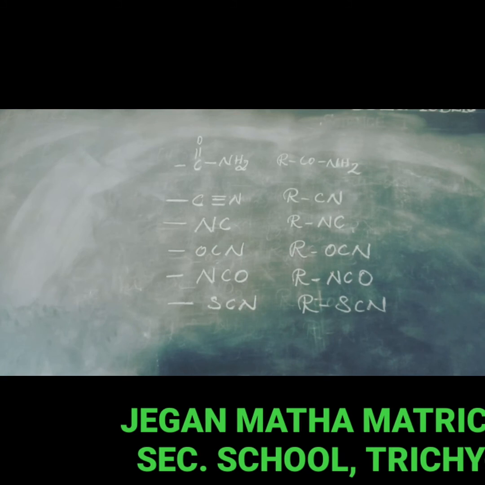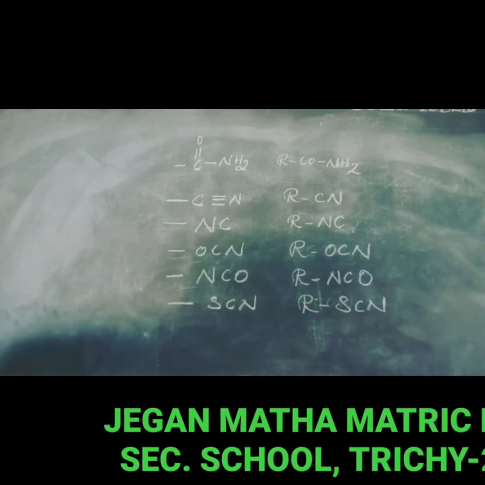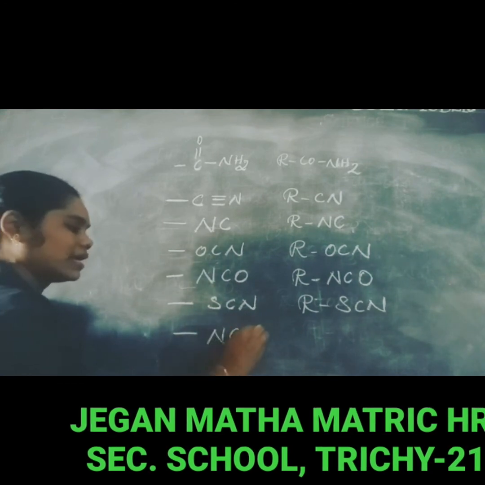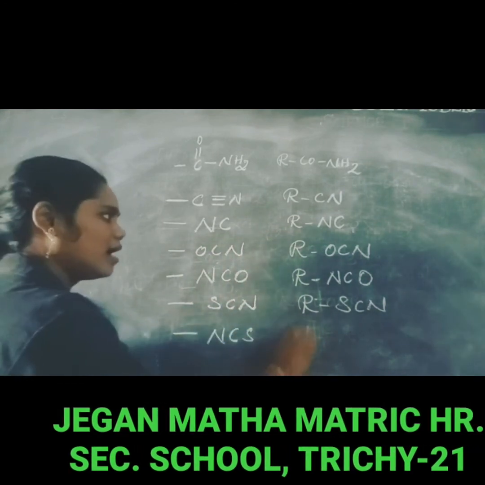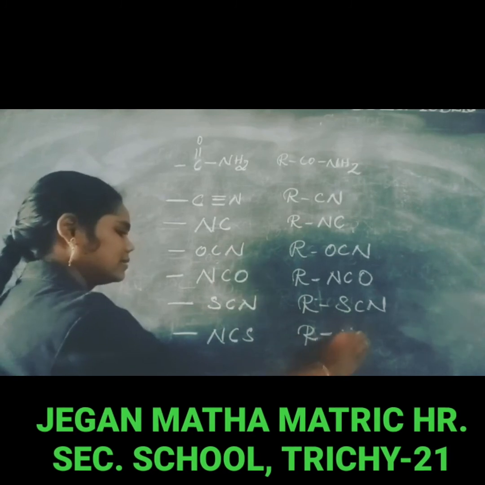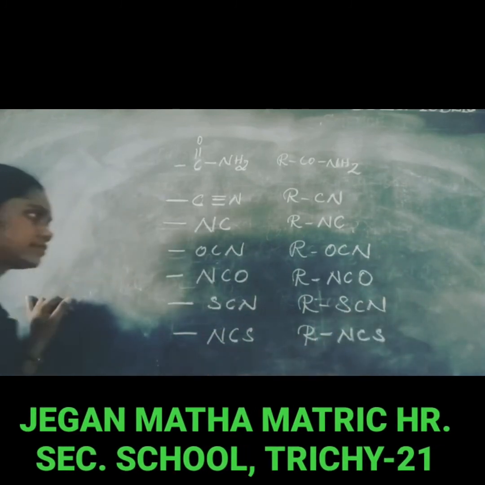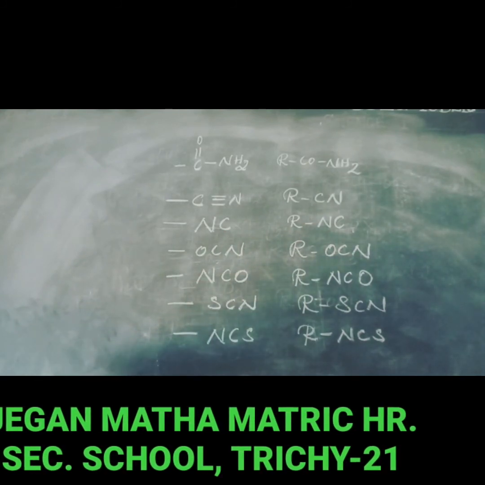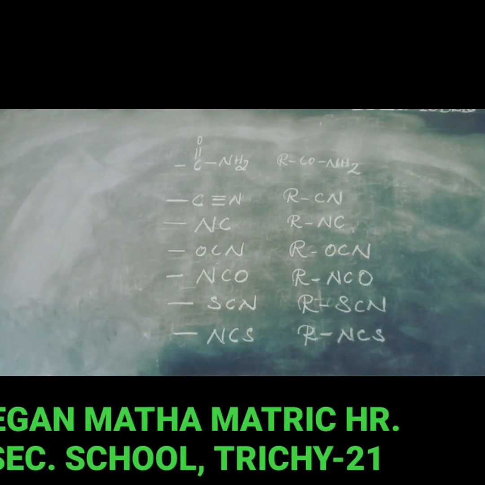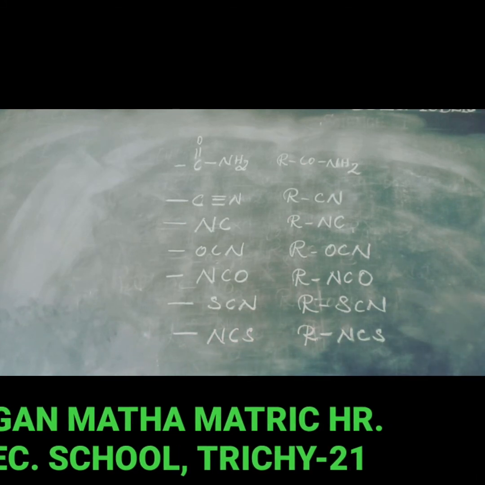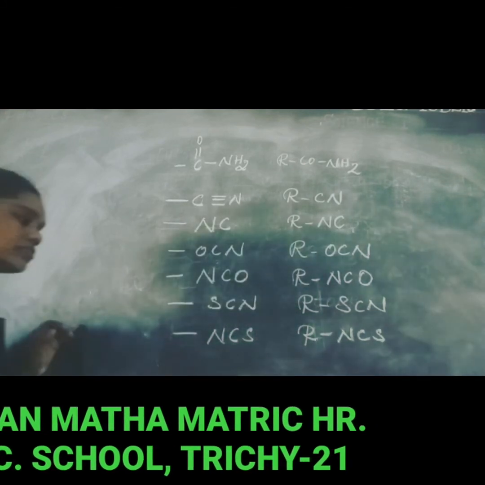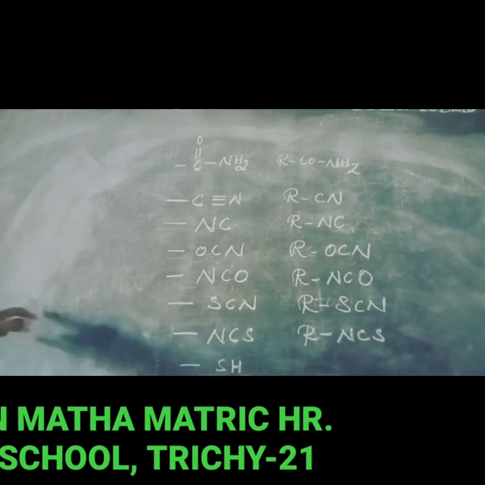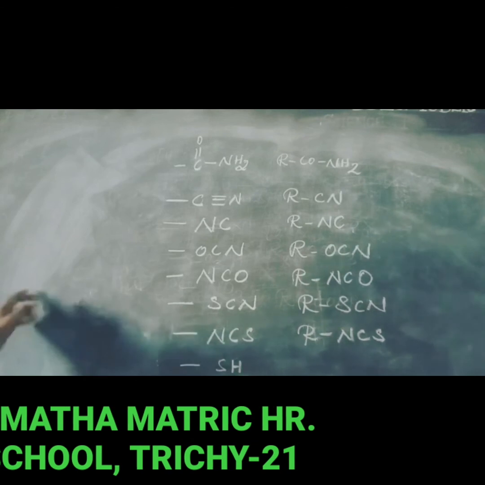Isothiocyanate means bond NCS, the isomer formula, so you write it like this: R-NCS. And then next one, thioalcohols or thiols. That is SH. The general formula is R-SH.